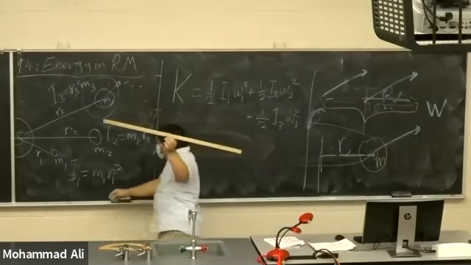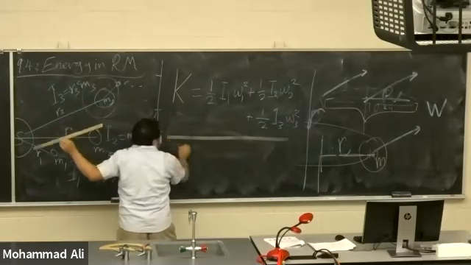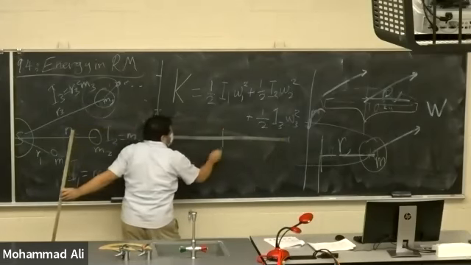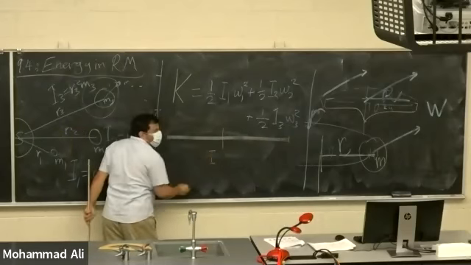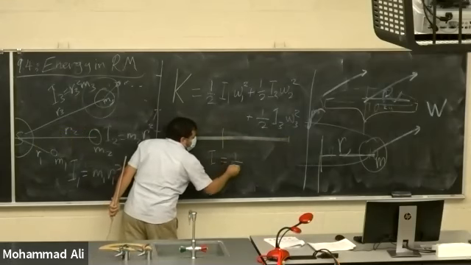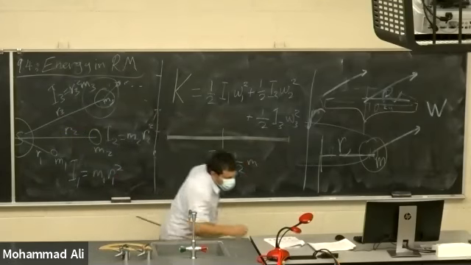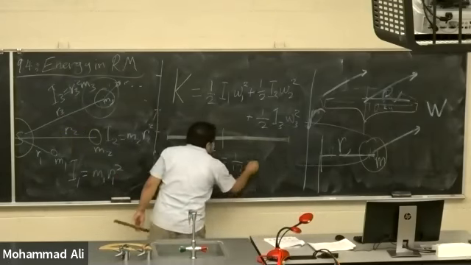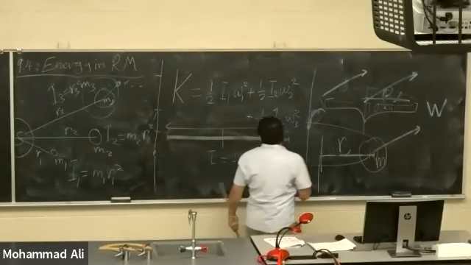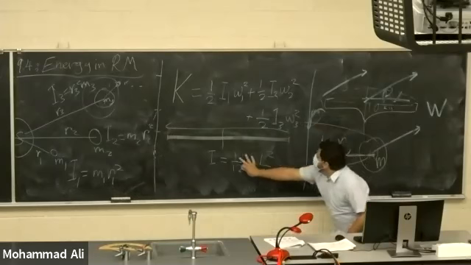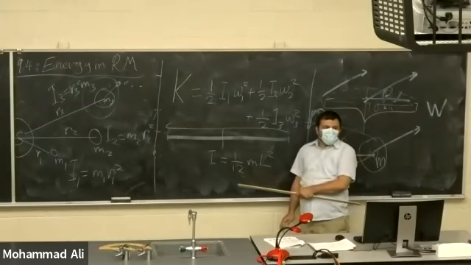So for a stick like this, if it needs to be rotated around its center, then the moment of inertia is equal to 1/12 m L squared. Its length is L. It is mr squared, but multiplied by 1/12.